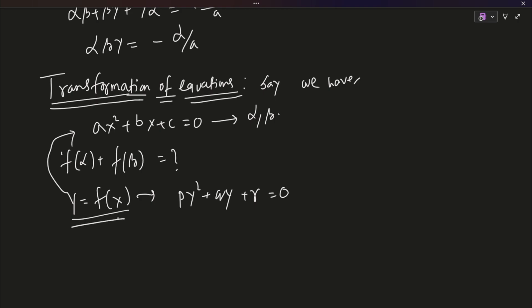Using this substitution, this new quadratic equation will have roots f of alpha and f of beta simply. And which means that f of alpha plus f of beta would simply be minus q by p in this equation according to Vieta's relations.